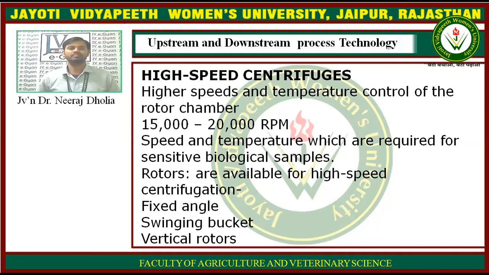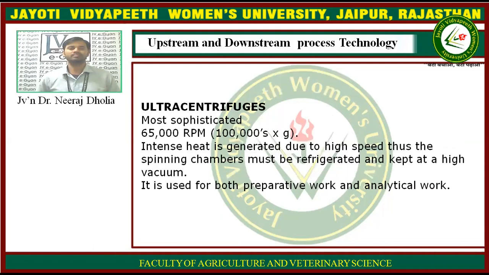The most sophisticated type of centrifuges are the ultracentrifuges. These are very high speed centrifuges. Around 65,000 rpm can be achieved, which corresponds to 1 lakh G. Intense heat is generated due to the high speed. Thus, the spinning chambers must be refrigerated and kept at high vacuum.